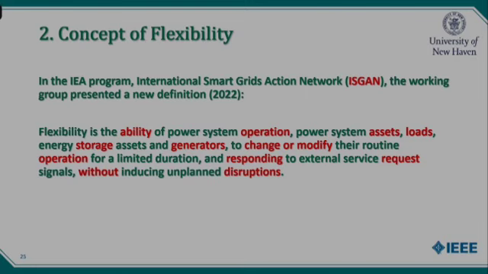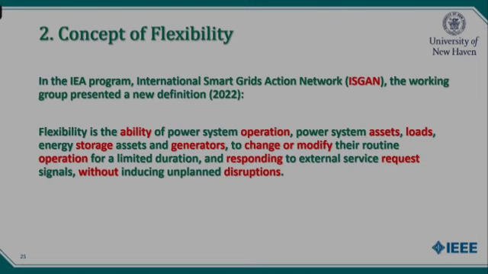You can see in this slide: flexibility is the ability of power system operation, power system assets, loads, energy storage assets, and generators to change or modify their routine operation for a limited duration, responding to external service request signals without including unplanned disruptions.